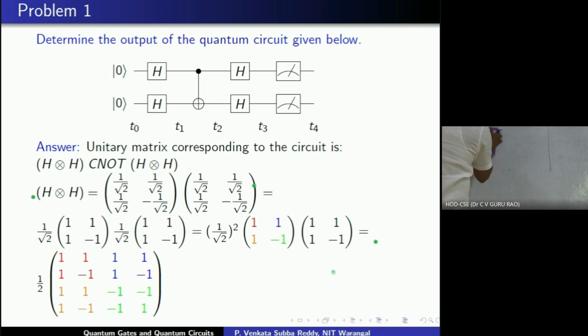If at all you have confusion, you can separate it like this: 1 by 2, ket 0 ket 1, plus 1 by 2 ket 1 ket 1, 1 by 2 ket 1 ket 0.